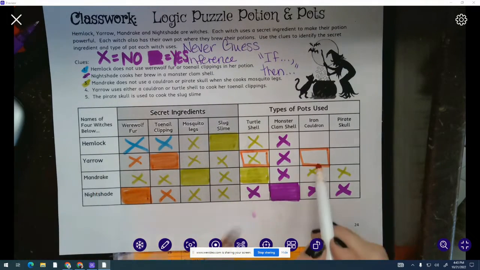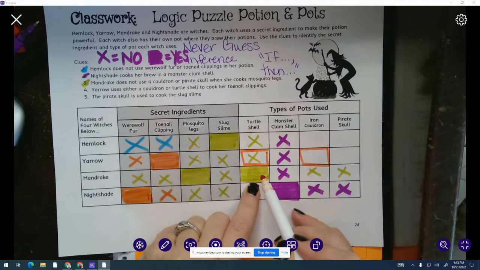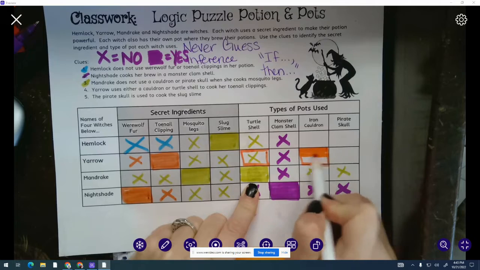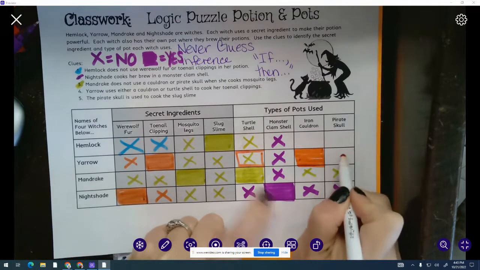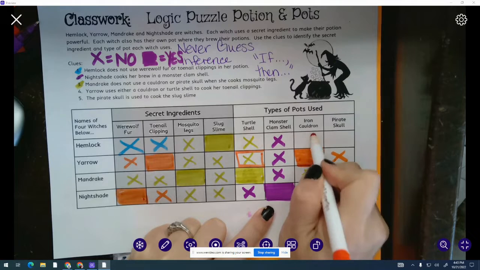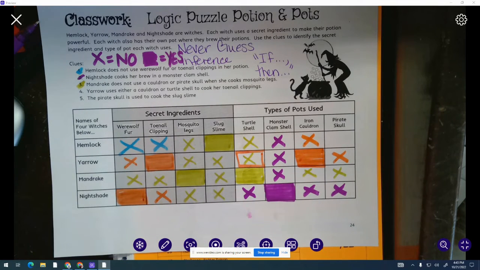If Yarrow has to be one of these, this is already crossed off. Mandrake's already using the turtle shell, which means Yarrow must be using the iron cauldron. And if she's using the cauldron, she's not using a skull. And if Yarrow's using the cauldron, Hemlock can't, which now means, bunga, bunga, bunga, bunga.